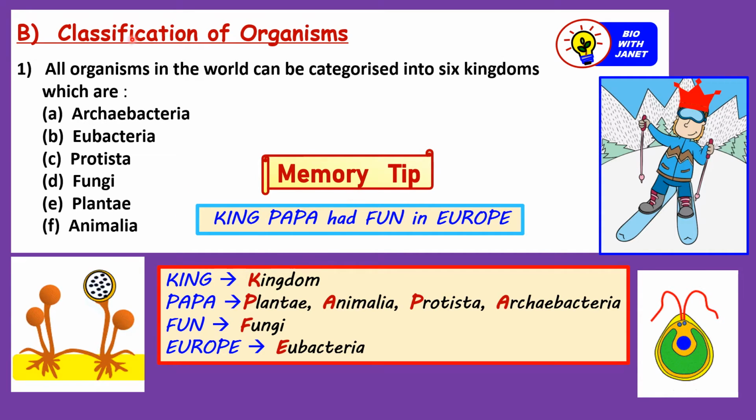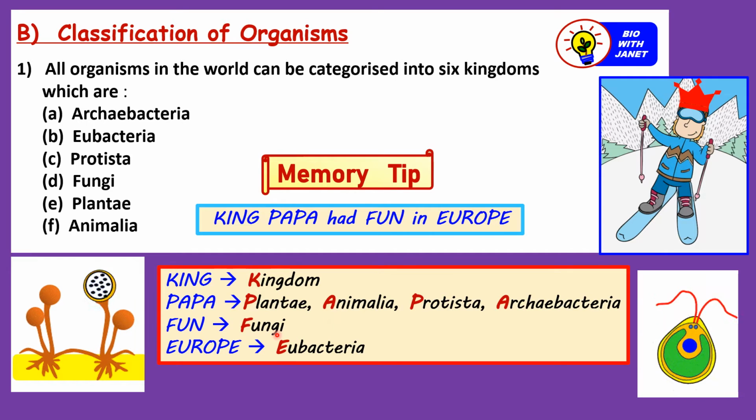So what's the memory tip to remember these six kingdoms? King Papa had fun in Europe. King stands for kingdom, so this acronym is about the kingdoms of life. Then Papa: P is for Plantae, A for Animalia, another P for Protista, another A for Archaebacteria.